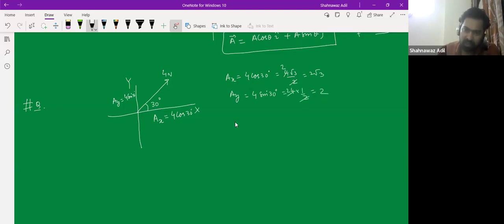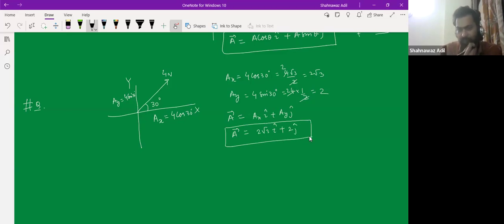So I can write this force as AX i hat plus AY j hat. And what is this? This is 2 root 3 i hat plus 2 j hat. So this is my vector.